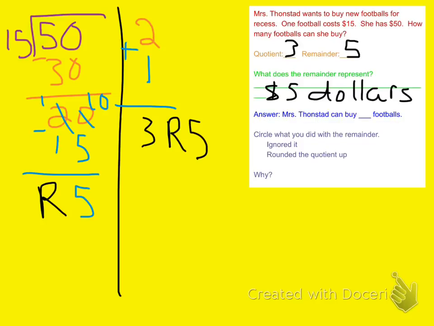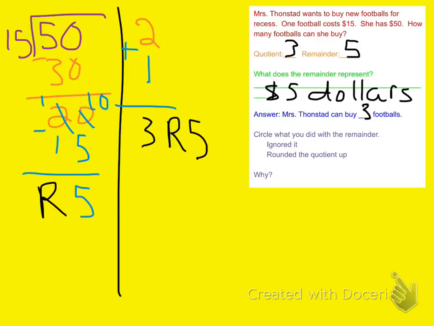Well, if she has $5 left over, is that enough money to buy another football? No, a football costs $15. So she can actually only buy 3 on this one. So then on the answer line, you're going to write our answer, which is, in this case, 3. The purple part down here, circle what you did with the remainder. Were we able to round the quotient up?